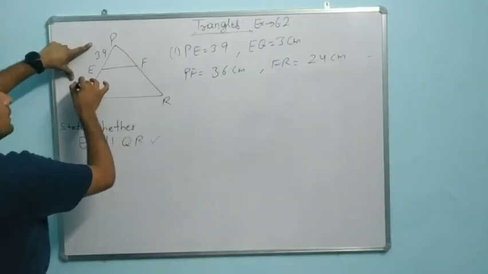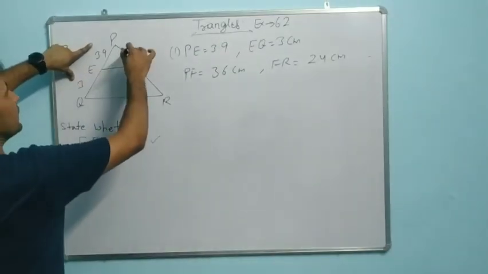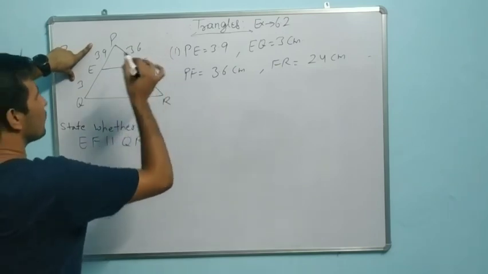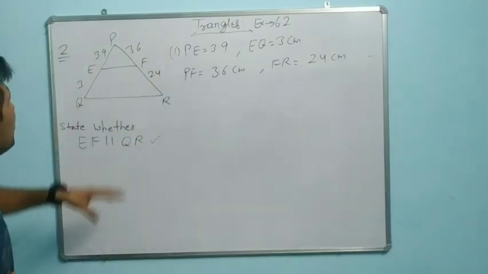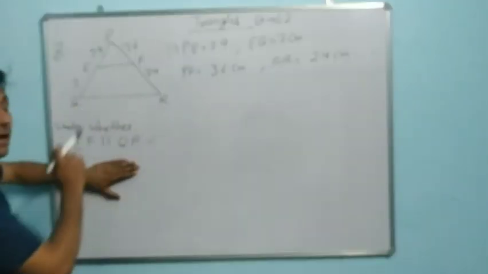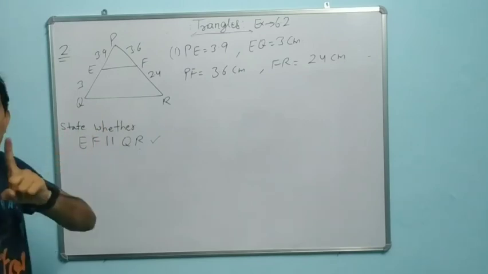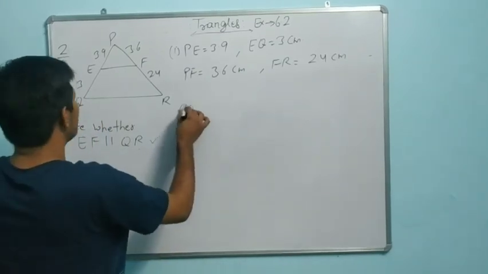So 3.9 is given, 3 is given, 3.6 is given, and 2.4, dear. Now we want to check whether the lines are parallel or not. In what case will you say the lines are parallel? If the ratios are the same, so we will check it.